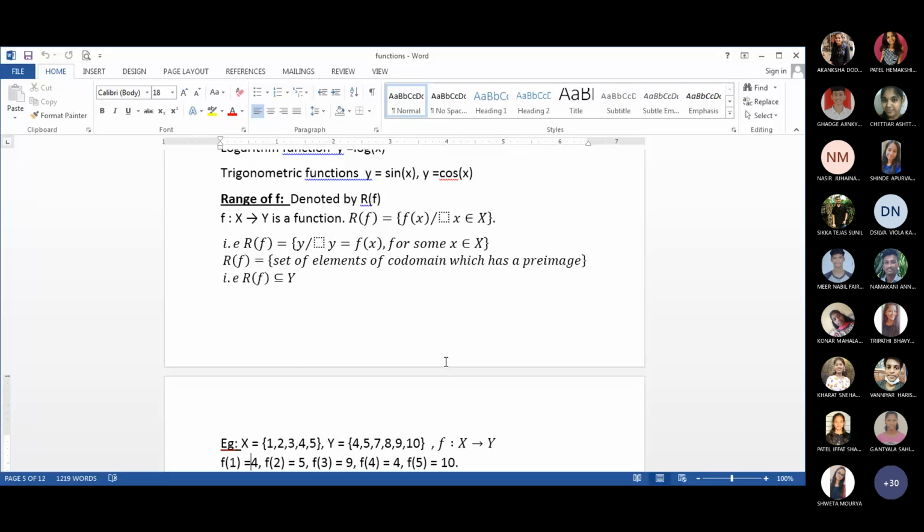This is the technical definition of range. For understanding purposes, the range of the function will contain those elements of the codomain which have a pre-image in the domain. All elements whose pre-image exists in the domain will be in your range.